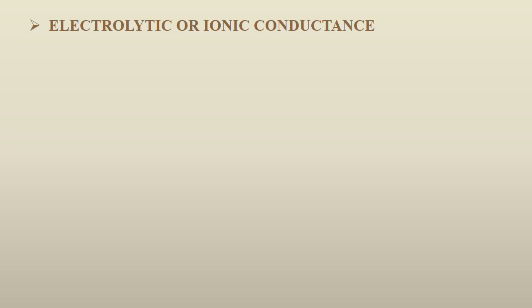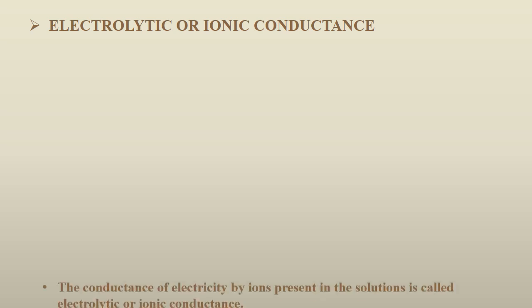Now what is electrolytic or ionic conductance? Ionic conductance means the one which can dissociate into its ions very easily, and the solutions or the electrolytes that are formed with the ionic bond. All electrolytes are ionic in nature because they need to dissociate into their ions completely.